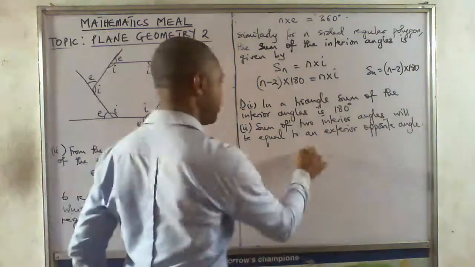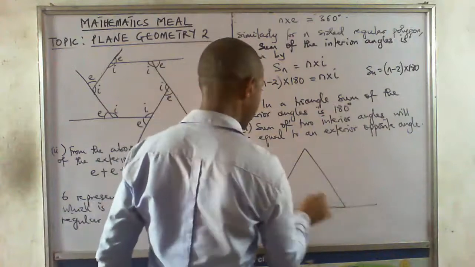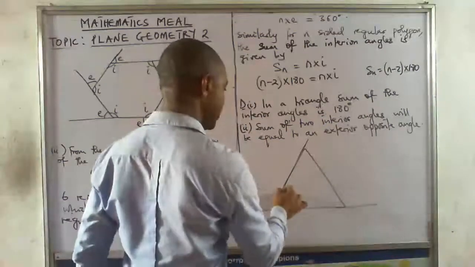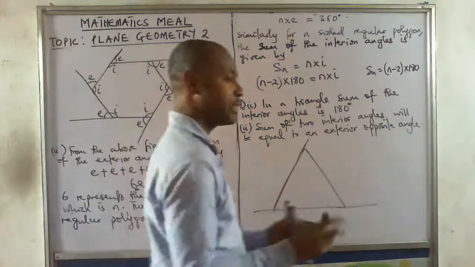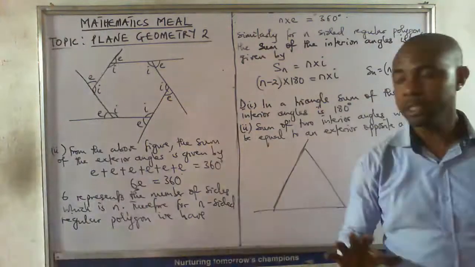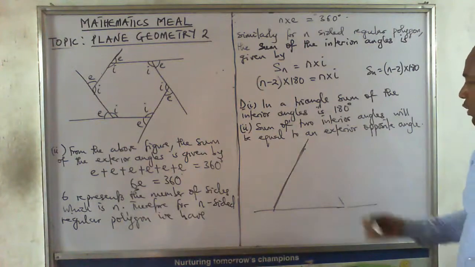So if I have a triangle, we are still going to consider this when we are dealing with angles in a triangle. We treat that as a separate subtopic in plane shapes and angles.